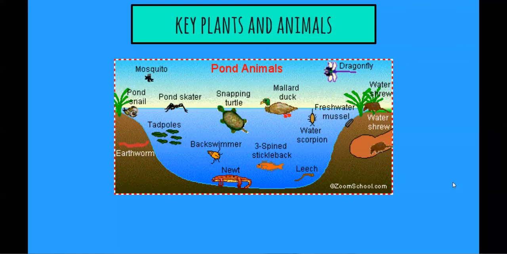So key plants and animal species in a pond system are similar and almost identical to that of a lake ecosystem. In typical freshwater biomes, there are many living organisms that interact with each other daily.